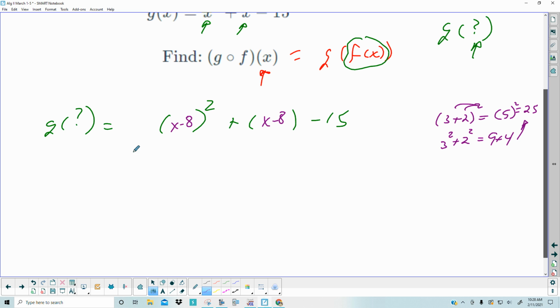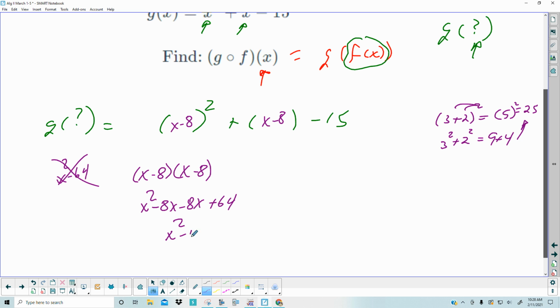So this piece here is not x squared minus 64. Nope, it is not. You have to FOIL this out. So you get x squared minus 8x plus 64. So you get x squared minus 16x plus 64 plus x minus 8 minus 15.